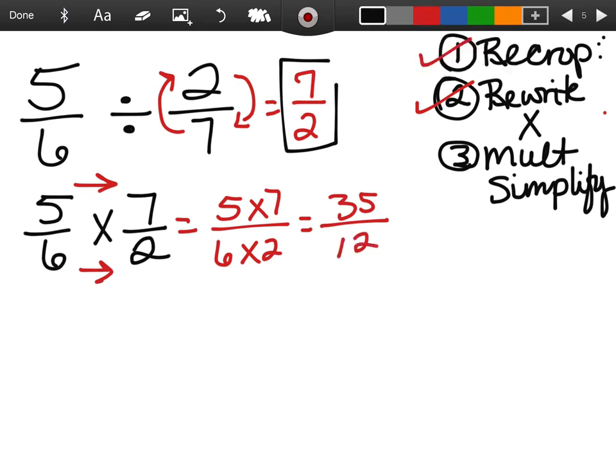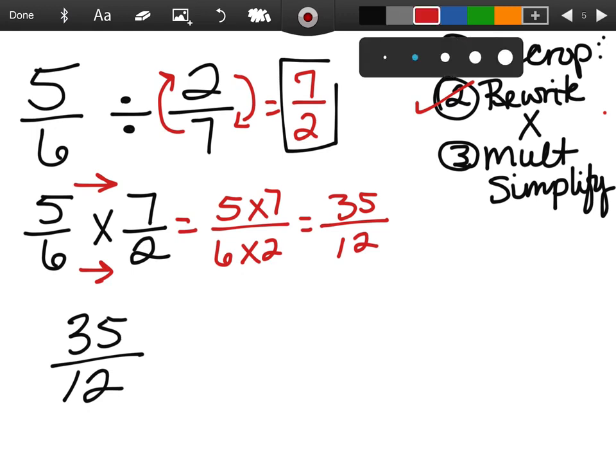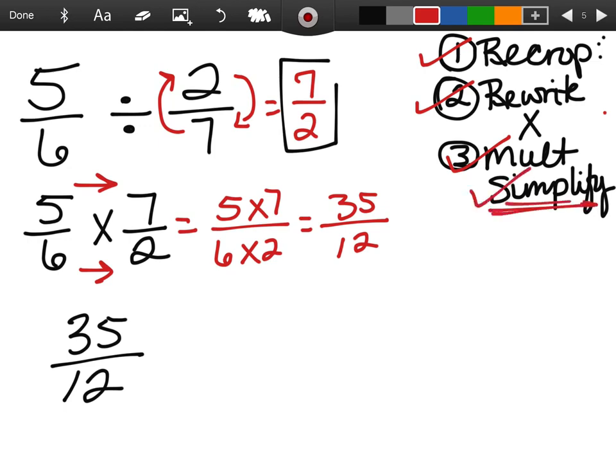Well, if I look at this, I now have 35 over 12, and that is absolutely an improper fraction. I must reduce this. I've multiplied, now I must simplify. Okay, so I know simplifying these, I can literally just do the division. So how many times does 12 go into 35?